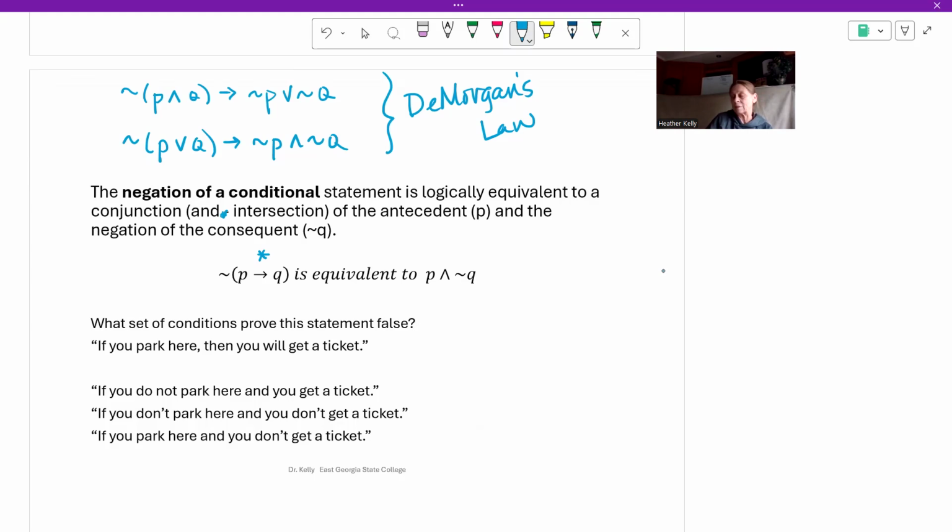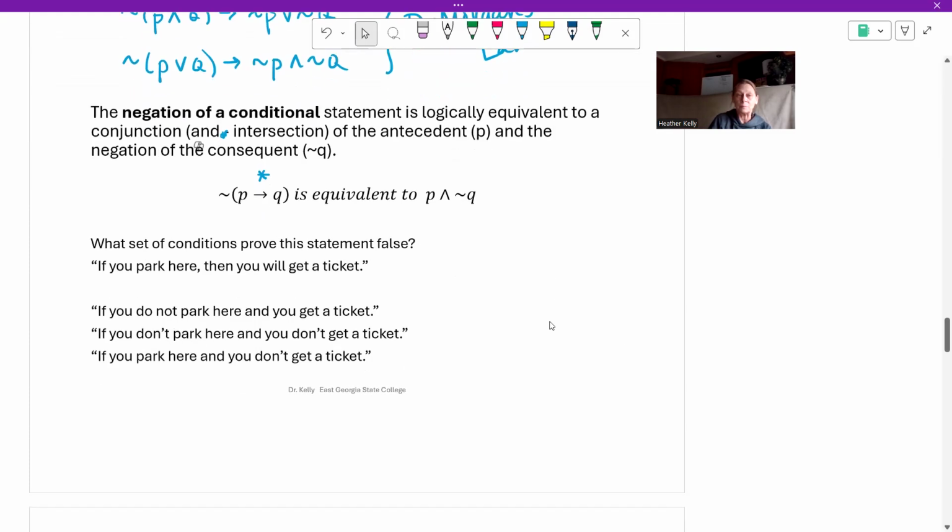In other words, that's like gobbledygook to read in words, but here it is in symbols. The negation of P implies Q is equal to P and not Q. Okay, now how can we apply that negation here? So this example says, what set of conditions prove this statement false? Hold on, I need to drink water real quick.